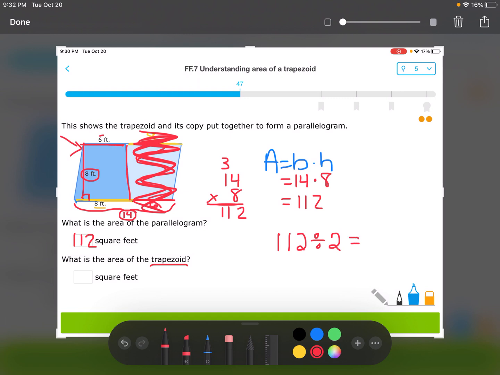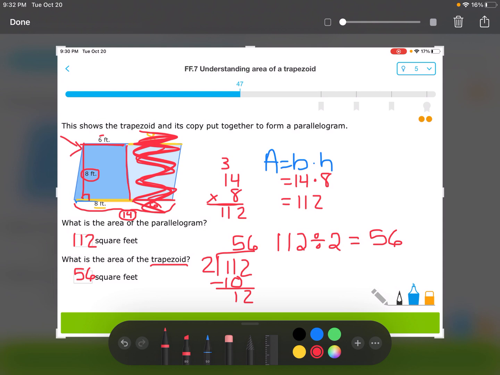So when you do that, 112 divided by 2, if you do your long division, you can do it over at the side, okay, means that the area of just that one trapezoid is 56.